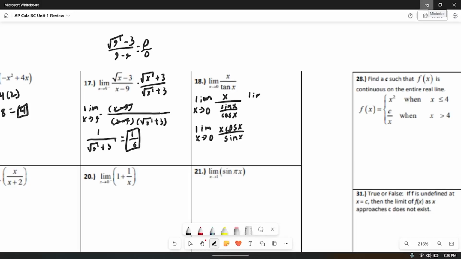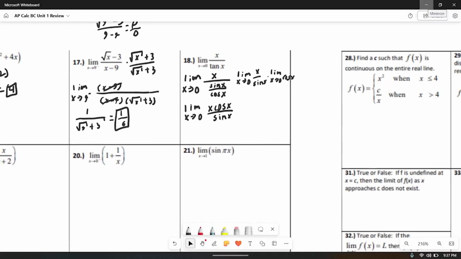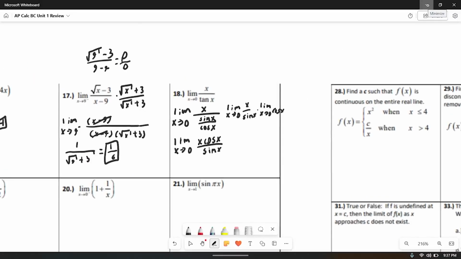We can do the limit as x approaches 0 of x over sine x, multiplied by the limit, and I don't have much room here, but I'm going to try to fit it in, of cosine x. Now we should know that this limit evaluates to 1. That's one of our special trig limits. And this one we just plug in cosine of 0, which is 1. So 1 times cosine of 0 is 1 as our final answer.